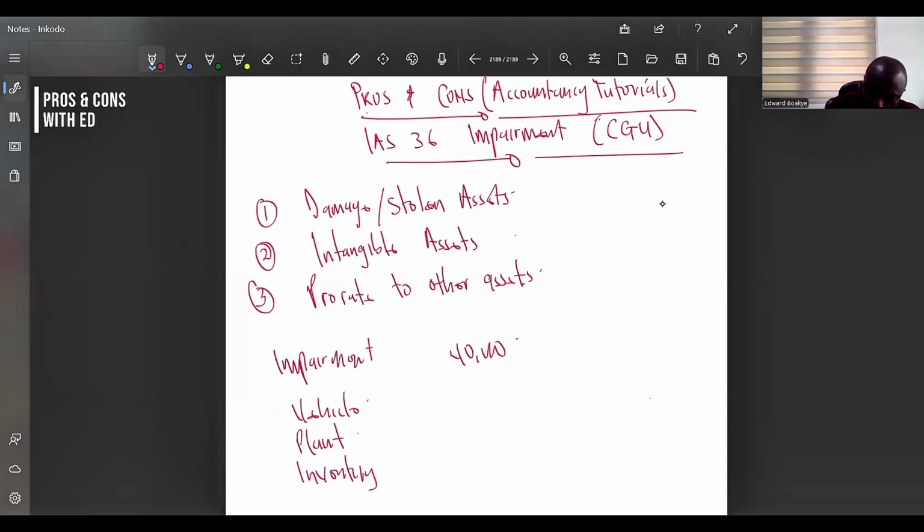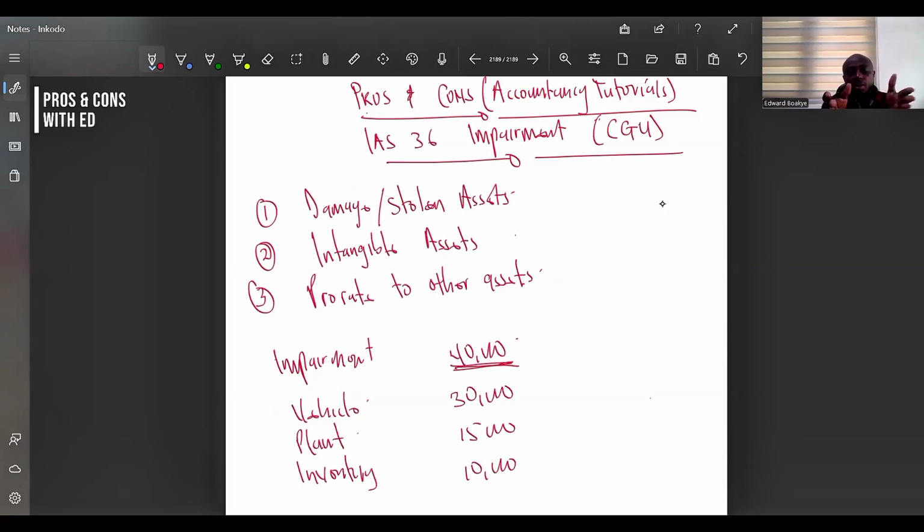So let's say vehicle is 30,000, so that we don't get confused with the impairment amounts. This is 15,000, and then this is 10,000. The impairment is 40,000. The question is, where are we going to allocate this to?